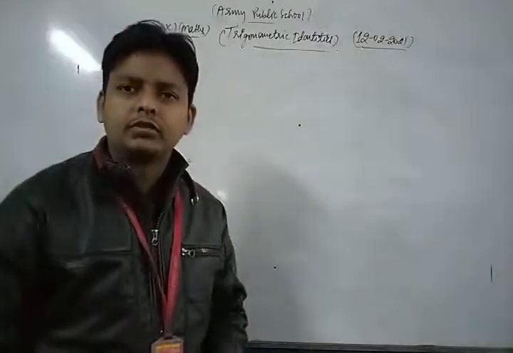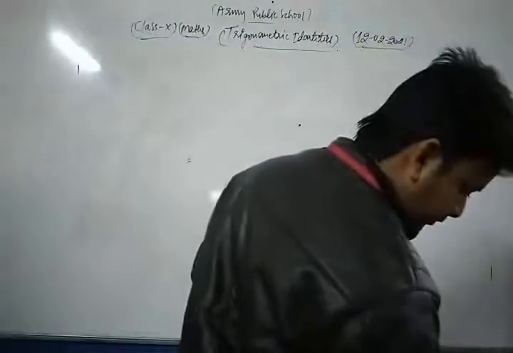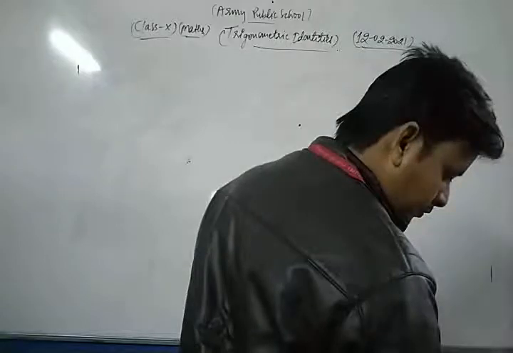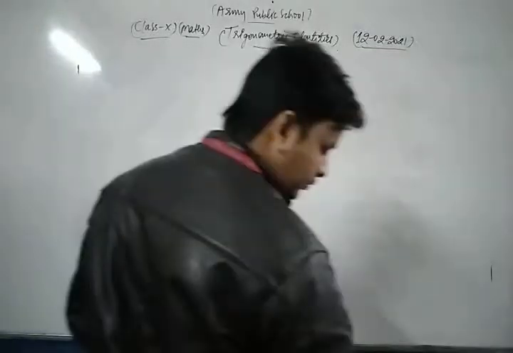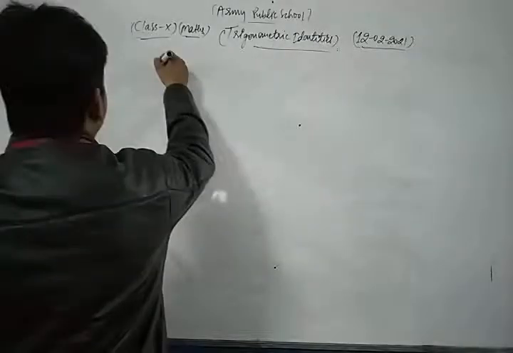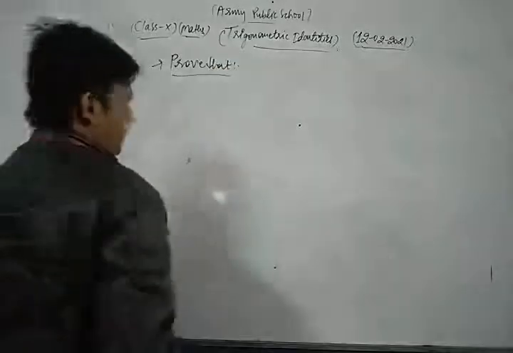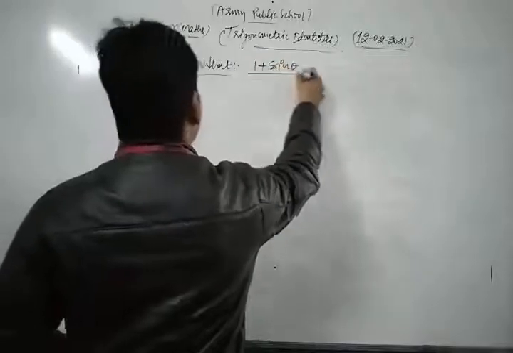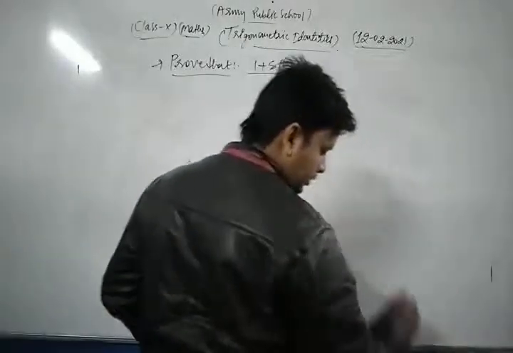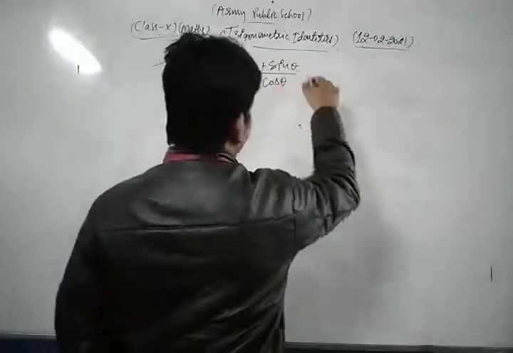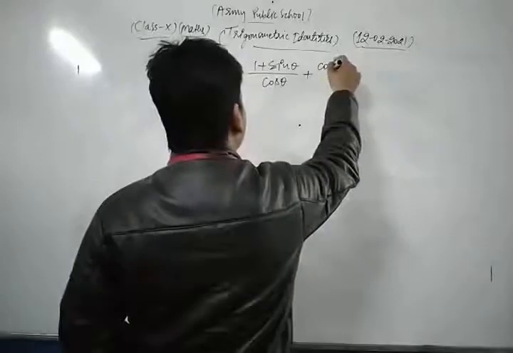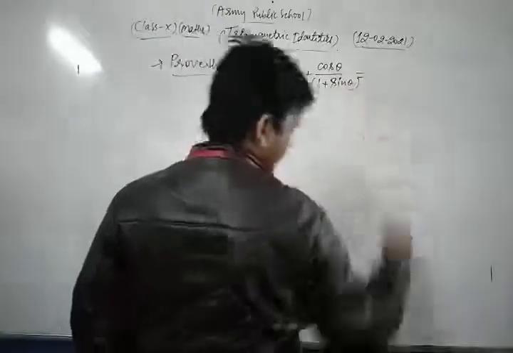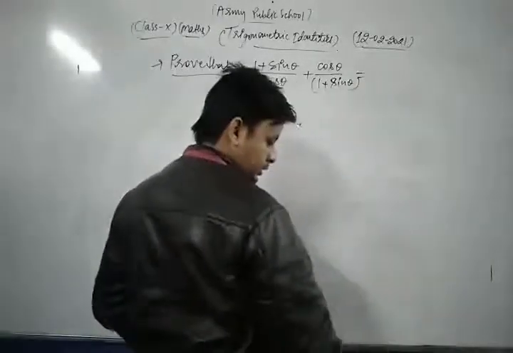Let's see, dear friends. Now we take one more question based on the identity. Prove that (1 plus sin theta) upon cos theta plus cos theta upon (1 plus sin theta) is equal to 2 sec theta.